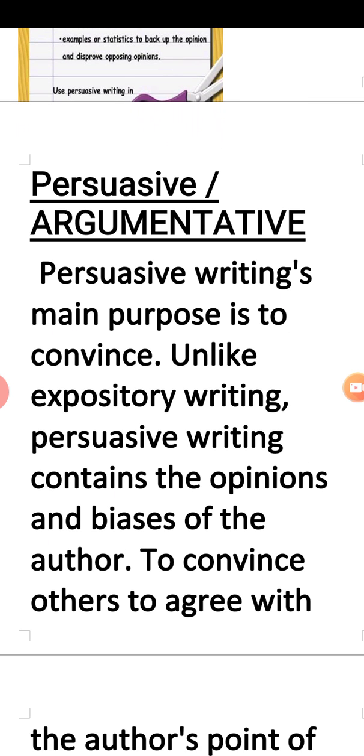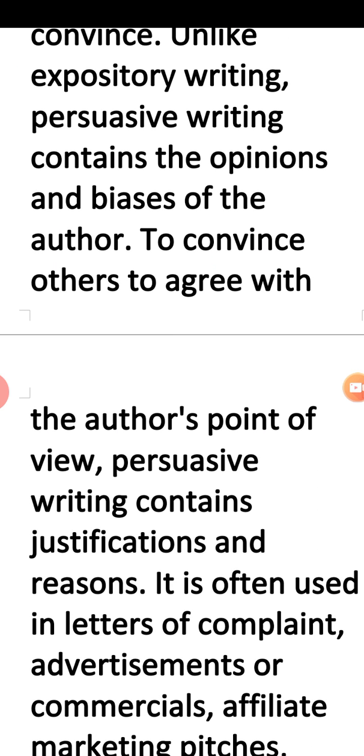The persuasive writing's main purpose is to convince. Unlike expository writing, persuasive writing contains the opinions and biases of the author to convince others to agree with the author's point of view.